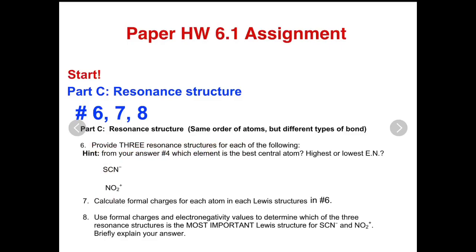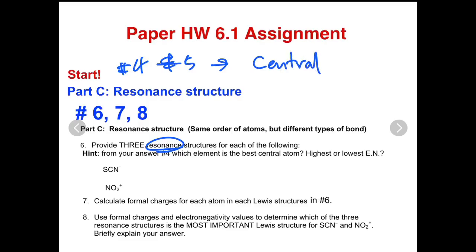Again, when we talk about resonance structure, you are going to have the same order of elements, but different location of bonds or electrons. Therefore, think about the previous problem, problem number 4, and actually 5 as well, which walk you through how to choose the central atom.